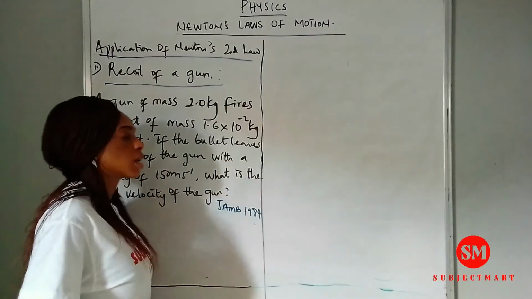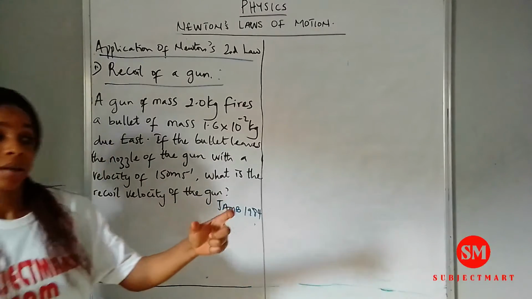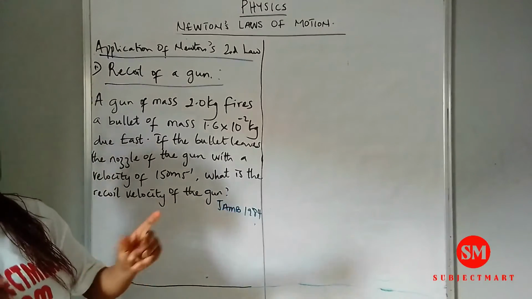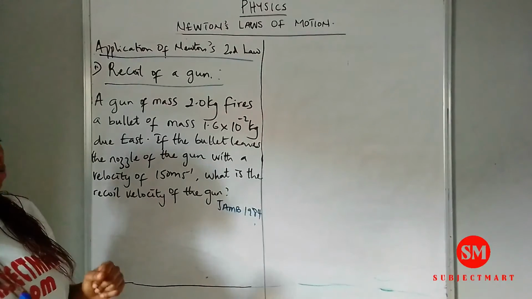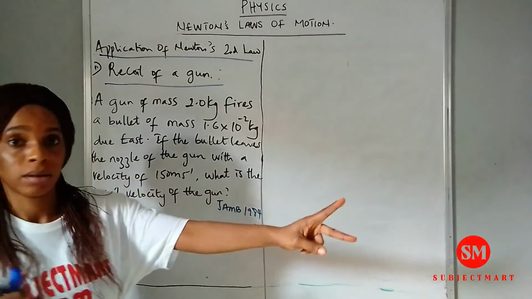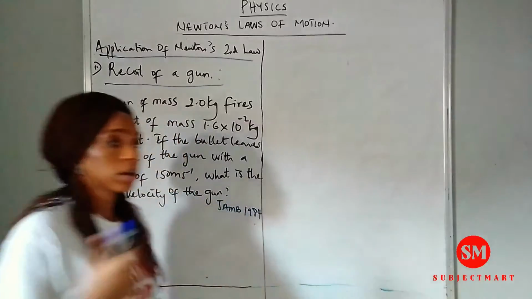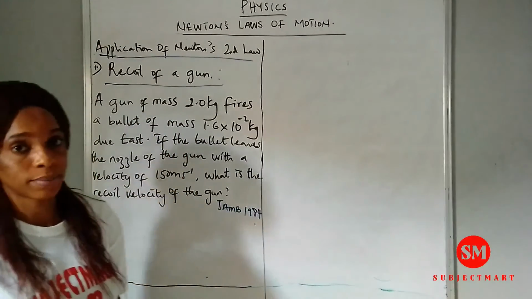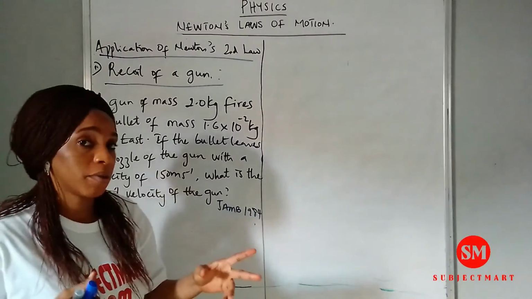Now, for the case of a gun, when we pull the trigger and then release, we find out that the momentum of the bullet fired is equal to that of the gun, but their velocities are different.